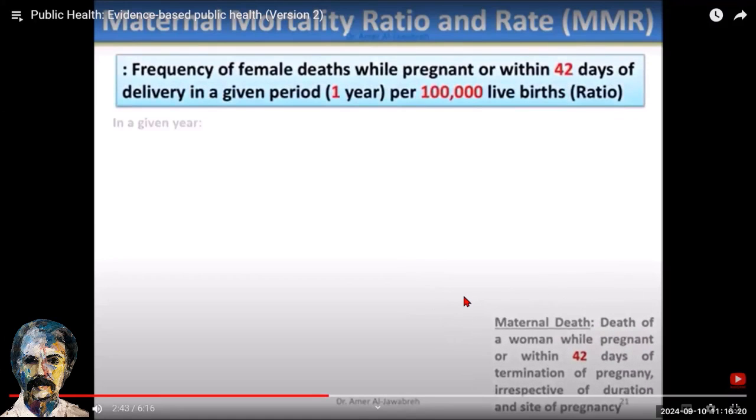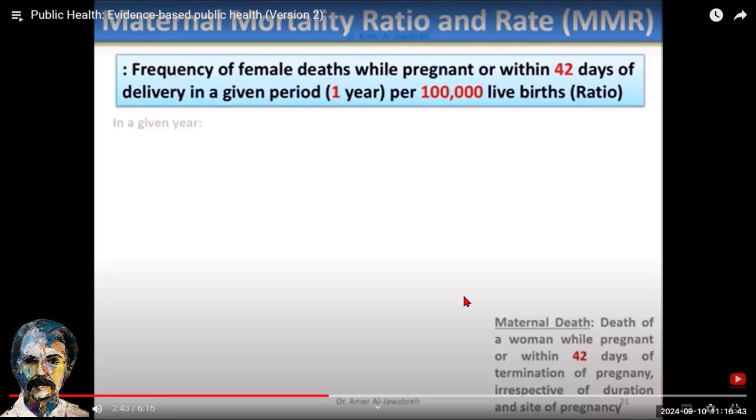Look, frequency of female deaths, mothers usually, while pregnant or within 42 days of delivery, regardless of duration and cause, in a given period, usually 1 year. In textbooks, health reports, literature and publications, it is usually 1 year.